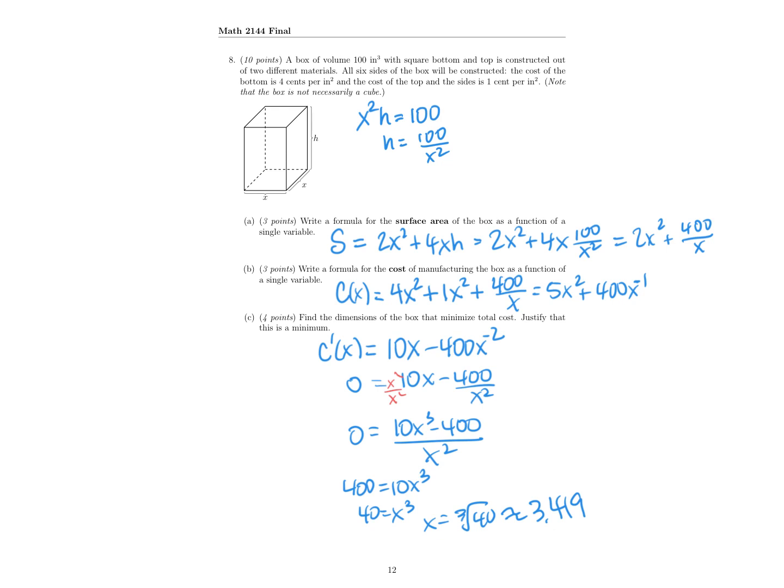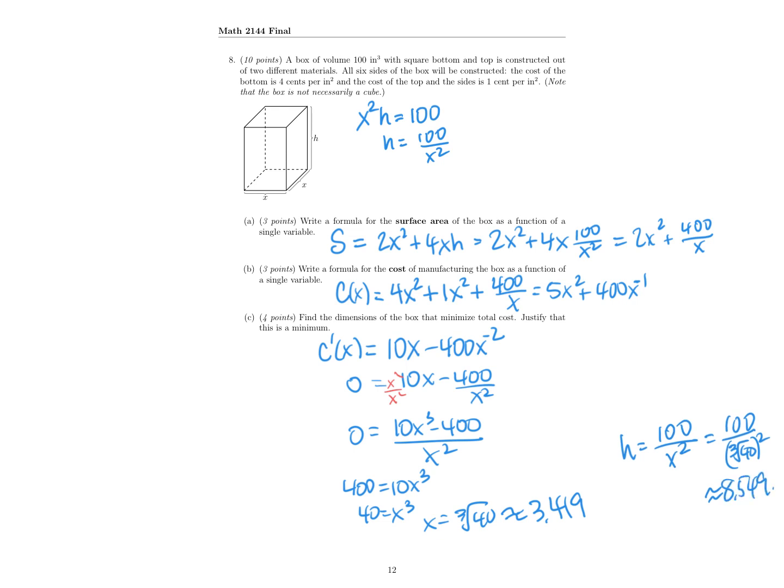And the question is the dimensions of the box that minimize the total cost. So there is my approximation for x. Now h should be equal to 100 over x squared, which is 100 over the cube root of 40 squared, which is approximately 8.549.